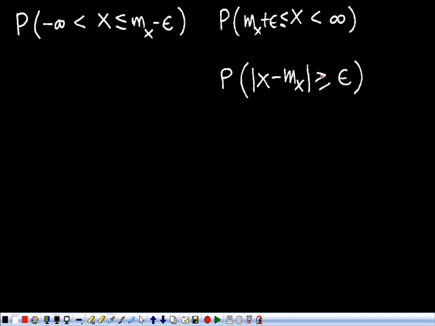It is equivalent to the probability of this event plus the probability of this event, is it? Is it right? Because this interval and this interval is equivalent to this interval. Okay. Mod x minus mx greater than or equivalent to epsilon is equivalent to minus infinity to mx minus epsilon, mx plus epsilon to plus infinity.